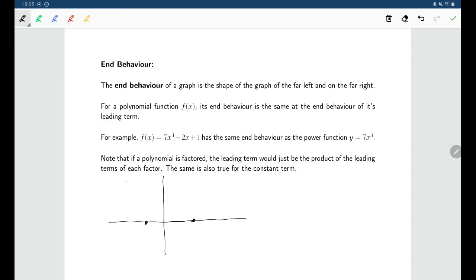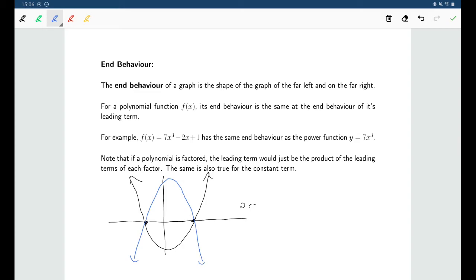You could start from above, cross and end heading upwards, or you could start from below, cross, and head downward. And both of those would be graphs of functions that have 2 zeros that are both there at those locations with odd multiplicity.